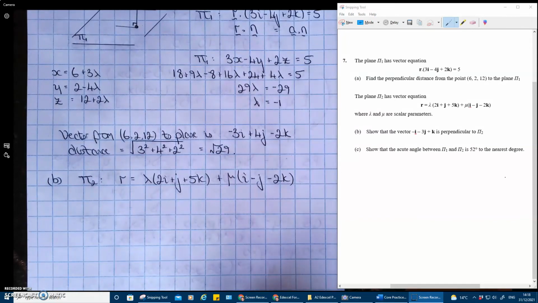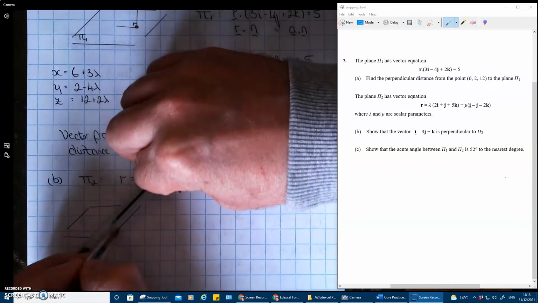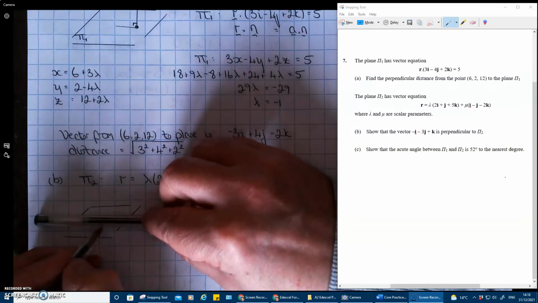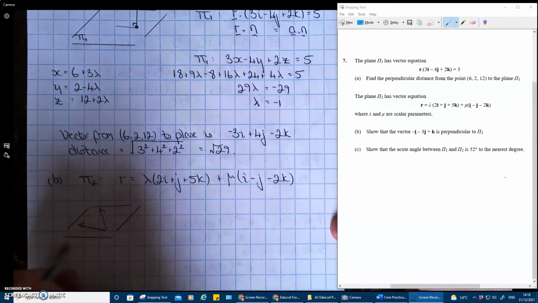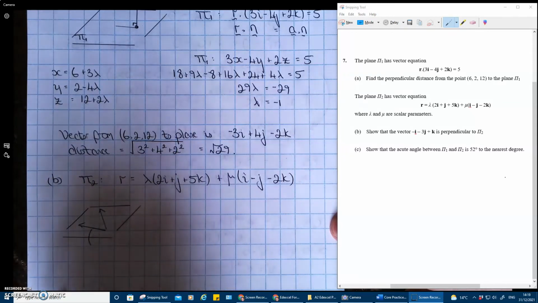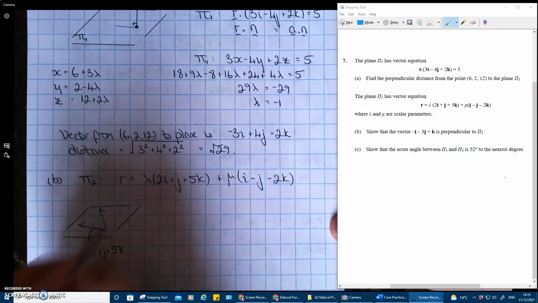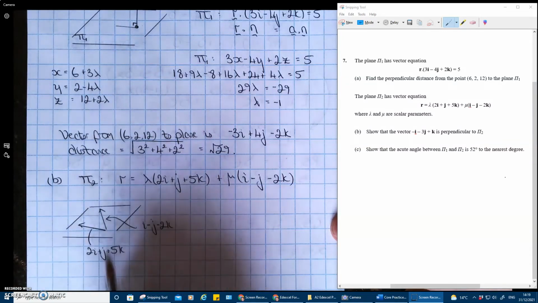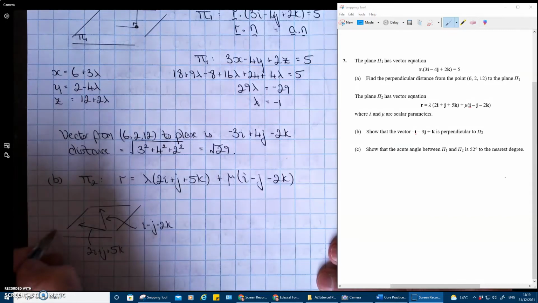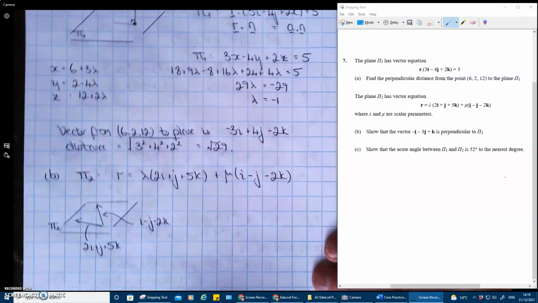Okay, so what this is saying is if we've got the plane pi2 this time, this is obviously not to any sort of scale, let's just draw 2 arrows in. This direction here is 2i plus j plus 5k, and this vector here is also in the plane, which is i minus j minus 2k. So both of those vectors lie in the plane pi2, and a combination of those two will get you to any point in that plane.